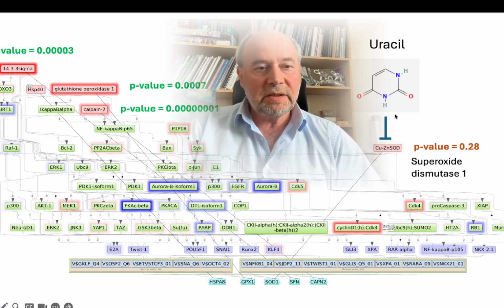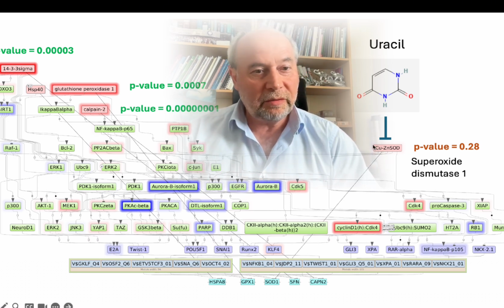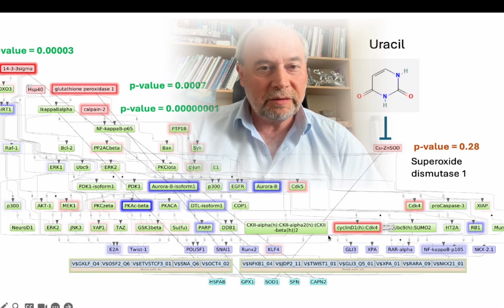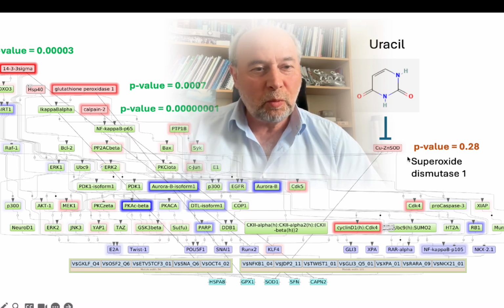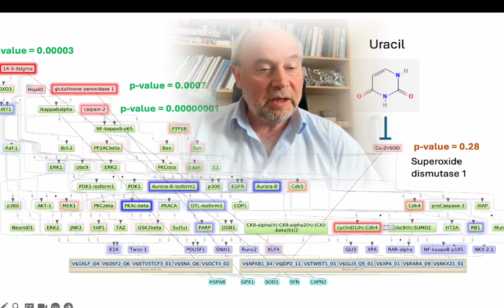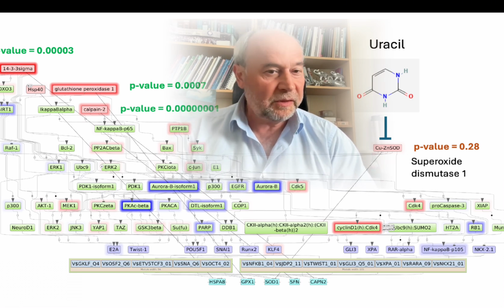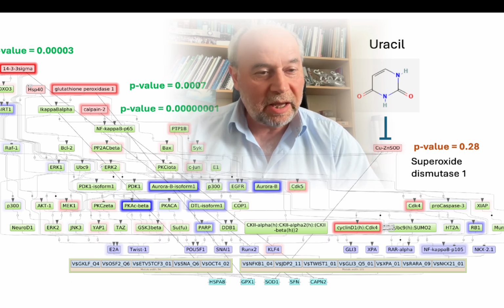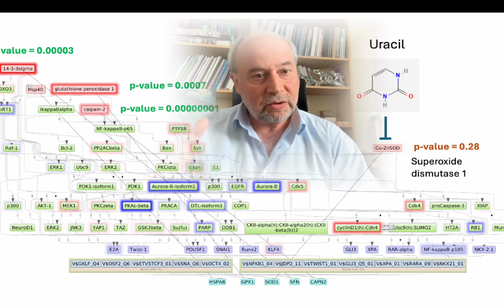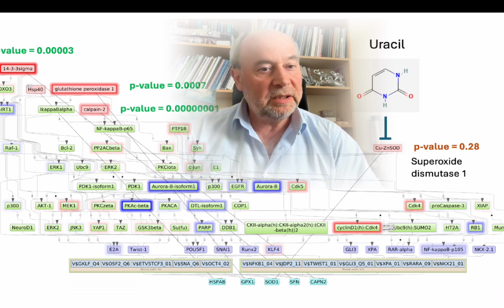But one of the master regulators, one of the most important master regulators in the whole regulatory cascade here, superoxide dismutase 1, SOD1, actually had a p-value for this individual gene that was not significant at all. It's 0.28.